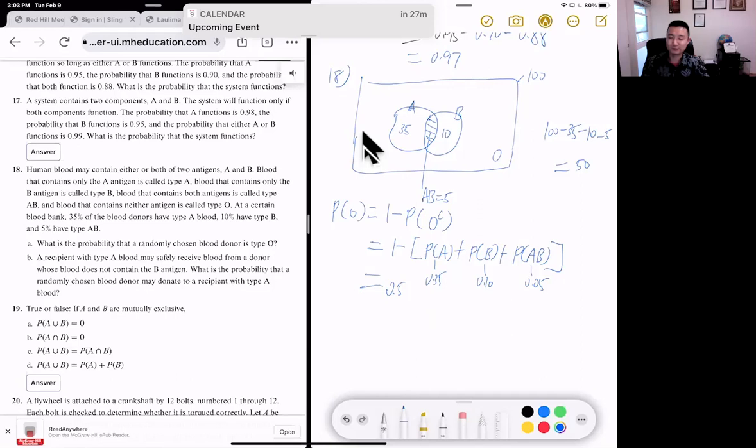So O means you don't have A antigen or B antigen. So anything outside these two circles of A and B belongs to O. So this is still part A of the question that we're solving, right? Yeah, this is part A.